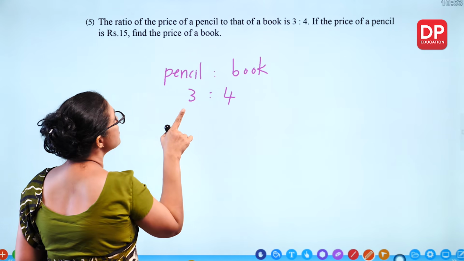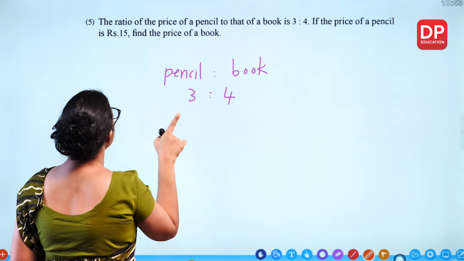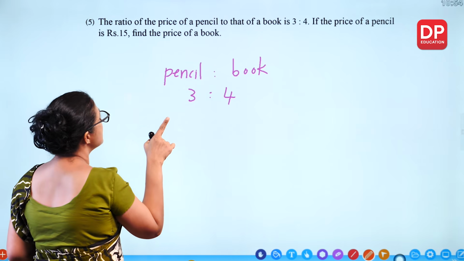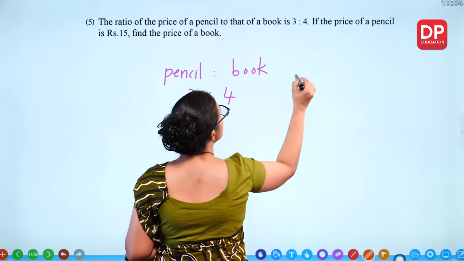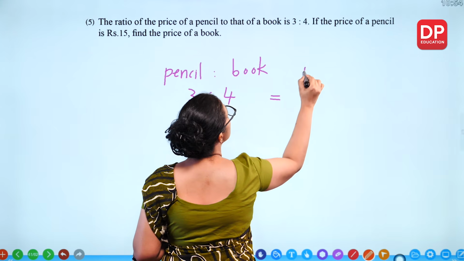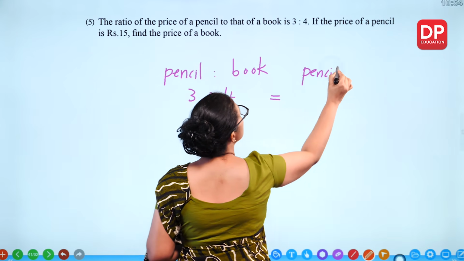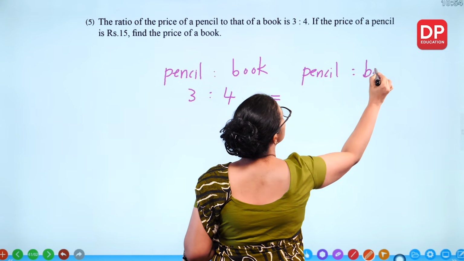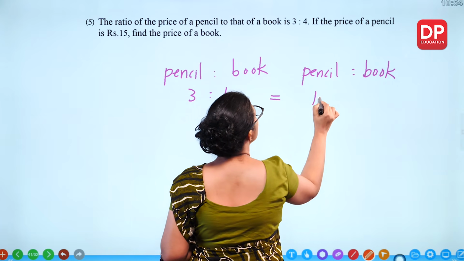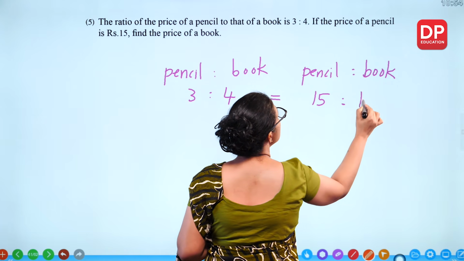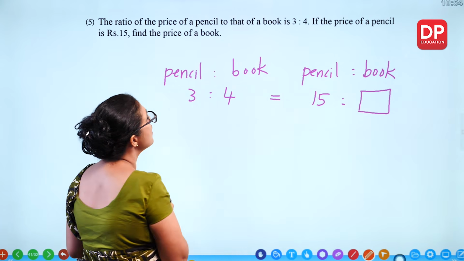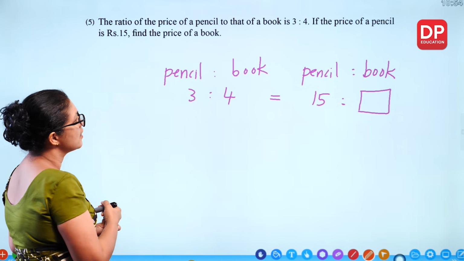So the price of the pencil is 15. You need to find out the price of the book.